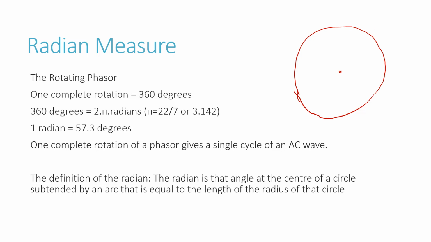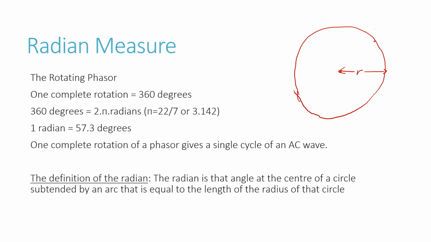Okay, so what is a radian? Now, if you take a radius, which is that length from here, right? And you just stretch a string that length and take that string and bend it around, right?